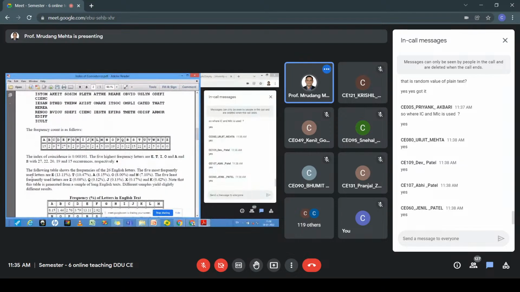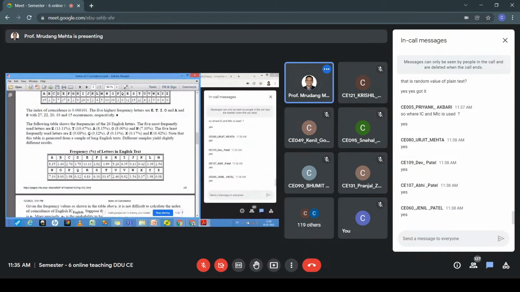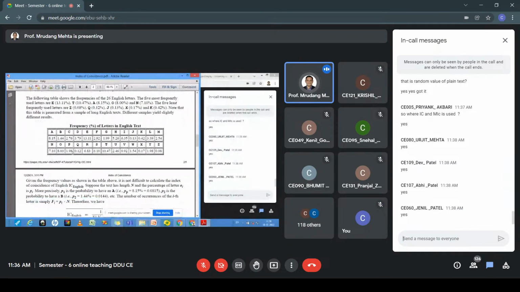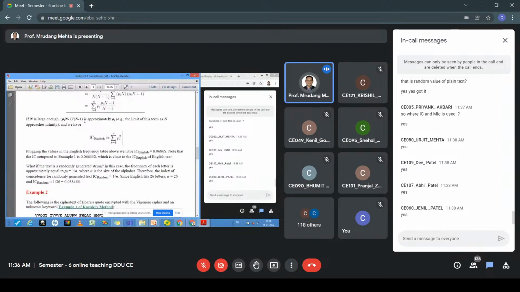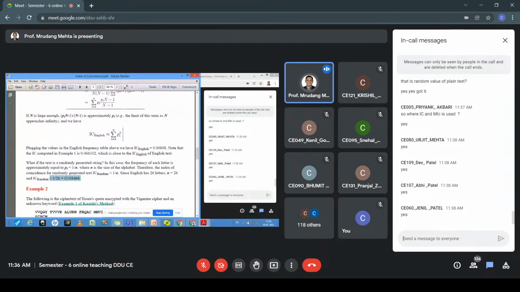And the frequency count gives us, if we calculate the percentage, A appears 8.15, B appears 1.44 times. So that is the probability. This is the English plain text, and if we compare it with the standard A, B, C frequency counts of the English language and find the index of coincidence, it will be 0.038466.